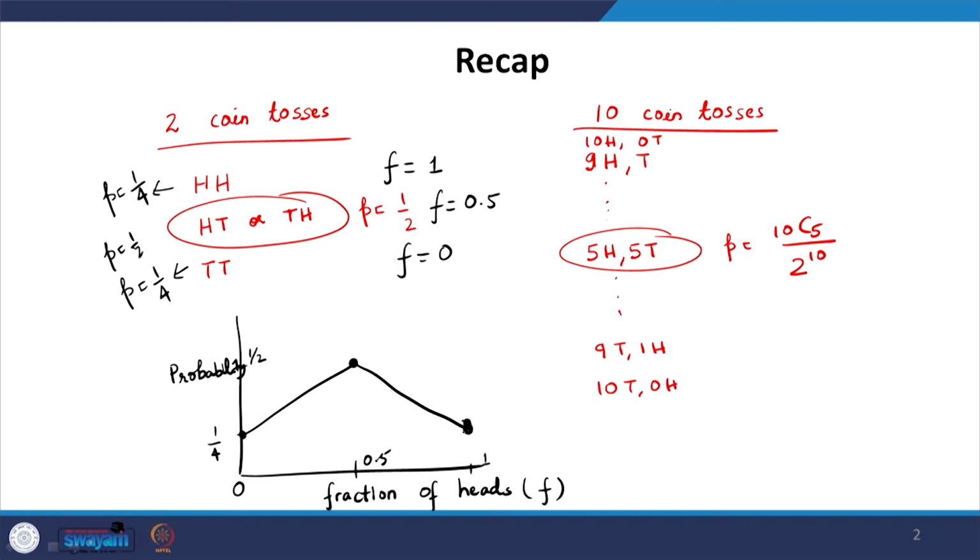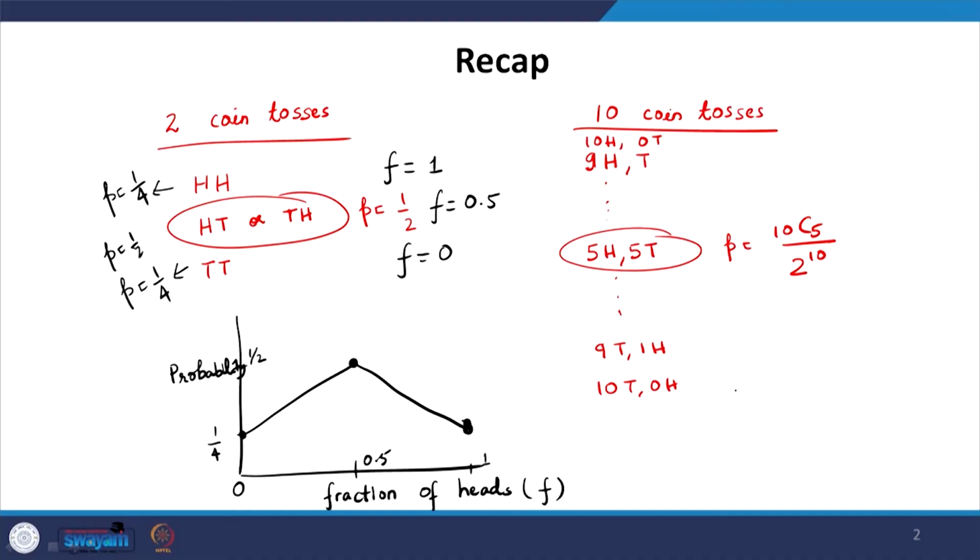Of course, we can do 10 tosses, but let us go in steps. Let us say for example, we are doing 4 coin tosses. So, when we are doing 4 coin tosses, then the number of possibilities increases.